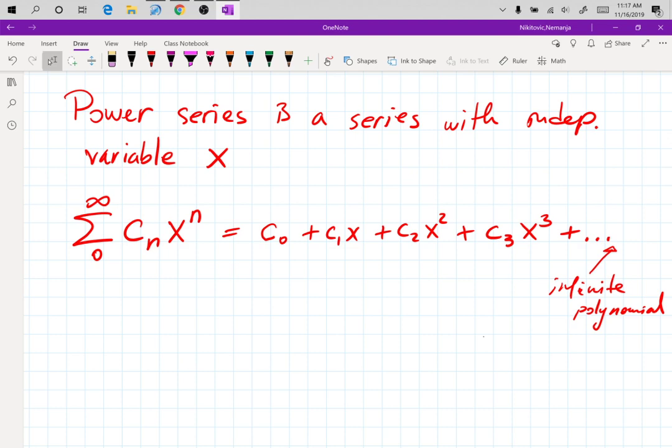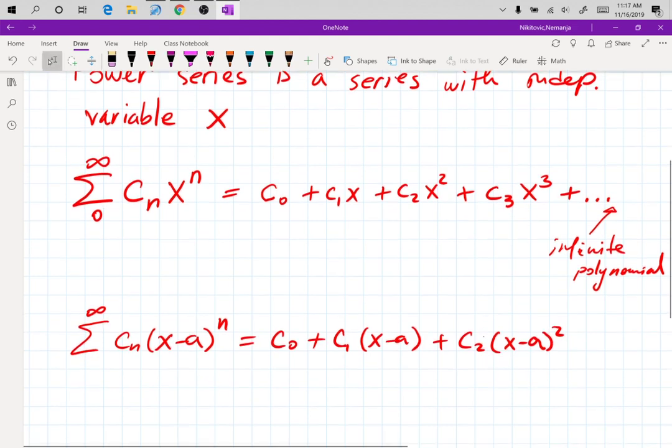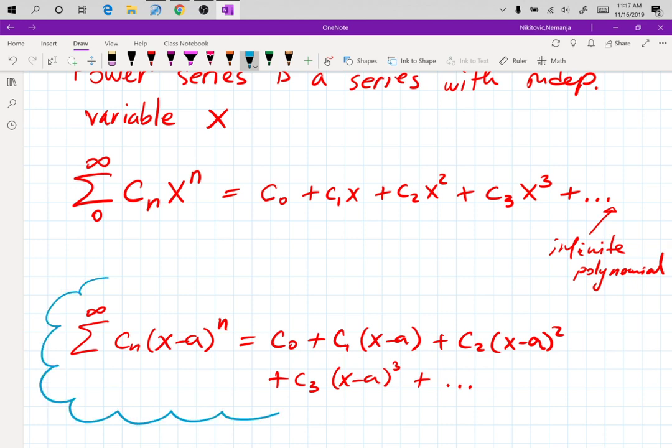So we want to actually center this at any value. So the formula that we all want to know is c_n (x minus a) to the n. And then that's going to be c_0 plus c_1 (x minus a) plus c_2 (x minus a) squared plus c_3 (x minus a) cubed plus going on to infinity, and I'm going to put that one in a cloud because that's the one centered at a.